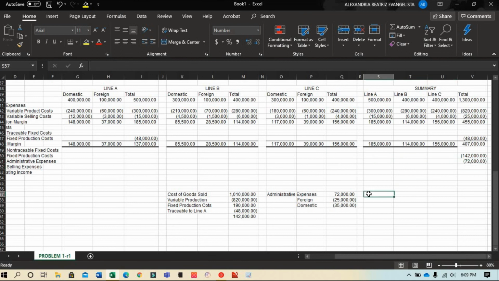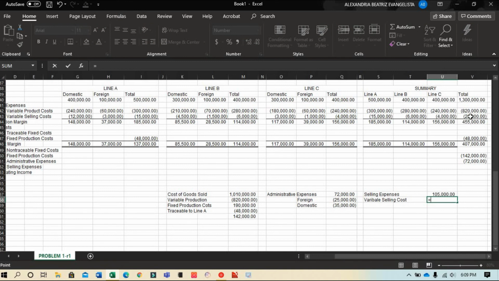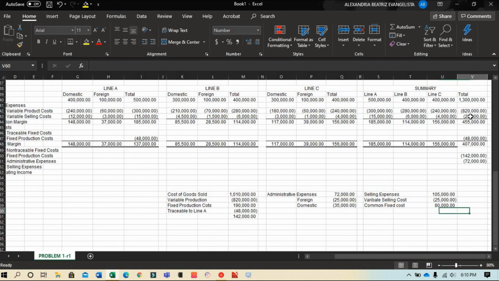Now for the selling expenses. According to the problem, the selling expenses is 105. Okay. Selling expenses, total of 105. So let's deduct the variable selling cost, which is 25,000, and the remaining is for common fixed cost, which is 80,000.